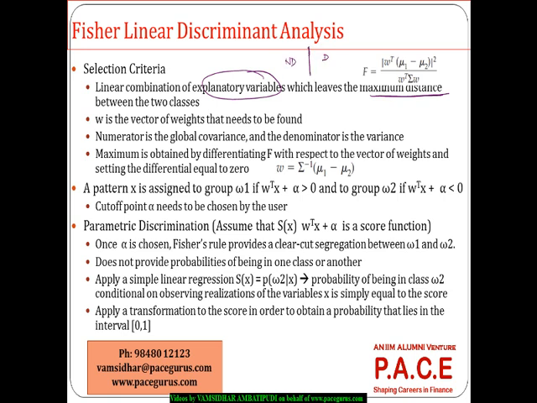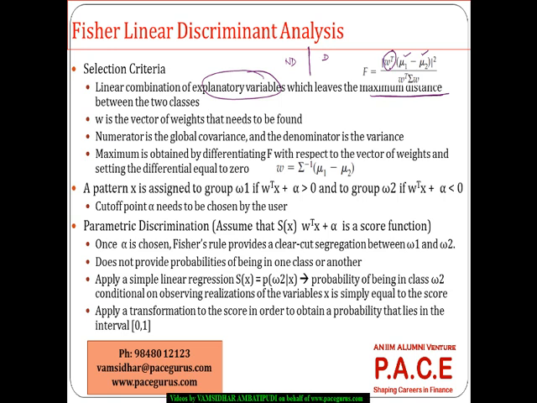I am using that linear combination of each of those explanatory variables where the distance between these two classes is the maximum enough. So this is where I am talking about mu1, which is the mean of the first class, mu2 the mean of the second class, and I am multiplying this entire process with the transpose of the W, W transpose.